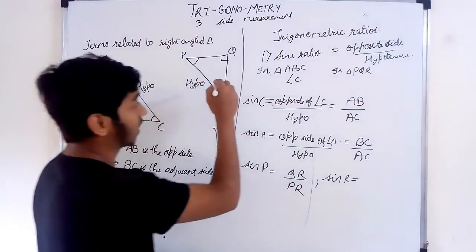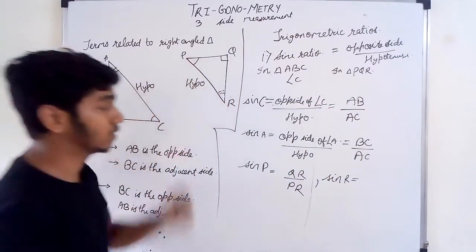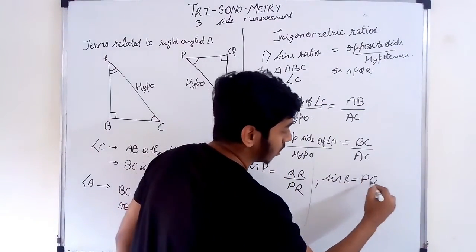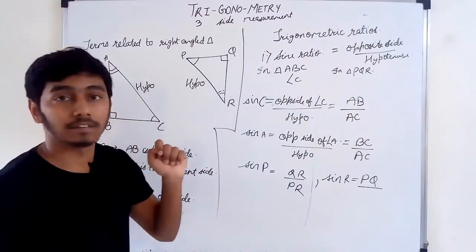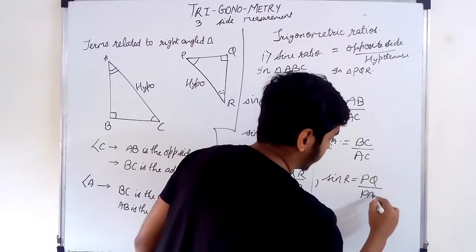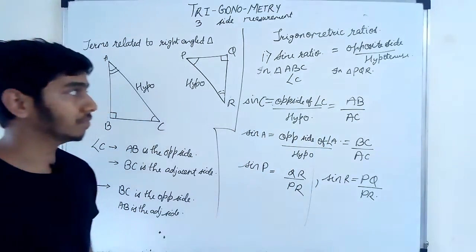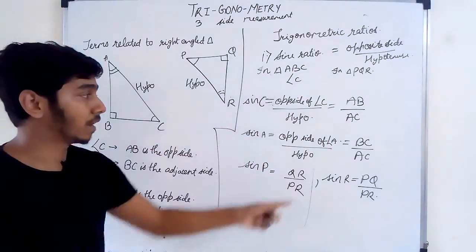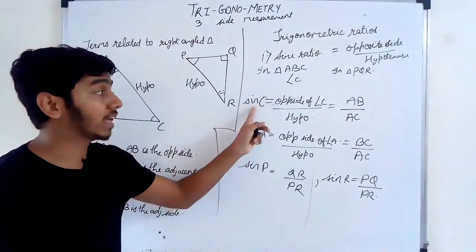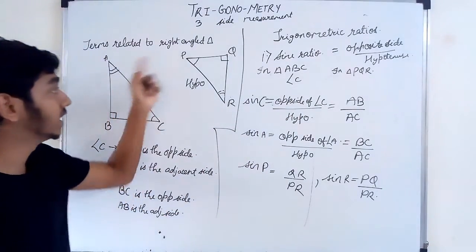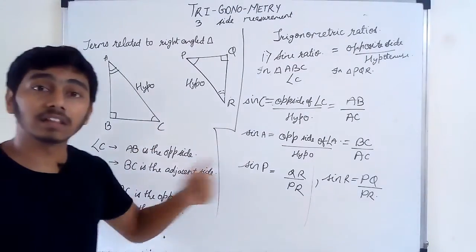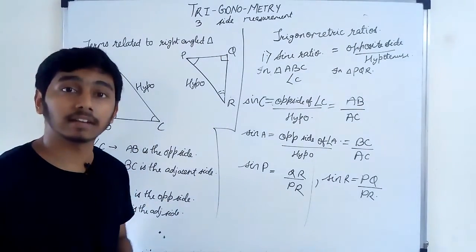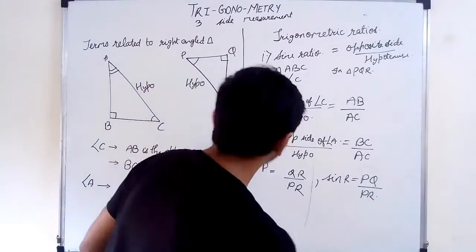So PQ upon hypotenuse, which will remain the same, PR itself. So PR comes here. Okay. So I hope you have understood how to find sine of any angle in any triangle. Okay. So let's find the other ratios, which is cosine and tan also. Let us see.